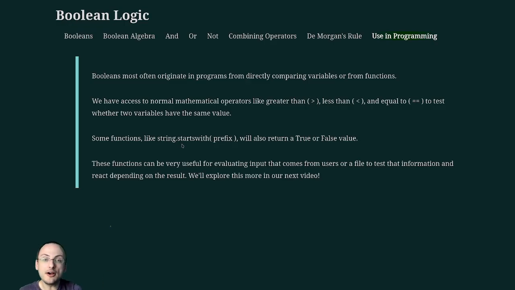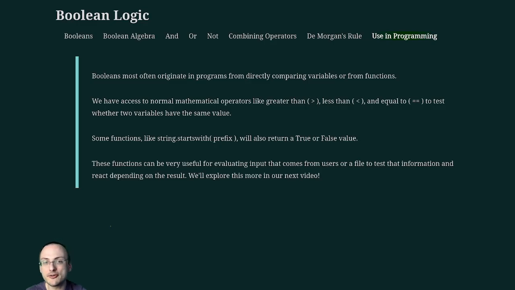And that's really how Booleans end up being used in programming, is using them to check the status of the system or to evaluate inputs that come from a user or from a file to test that your information is what you expect, or to let a user make a choice and then react differently depending on the result.